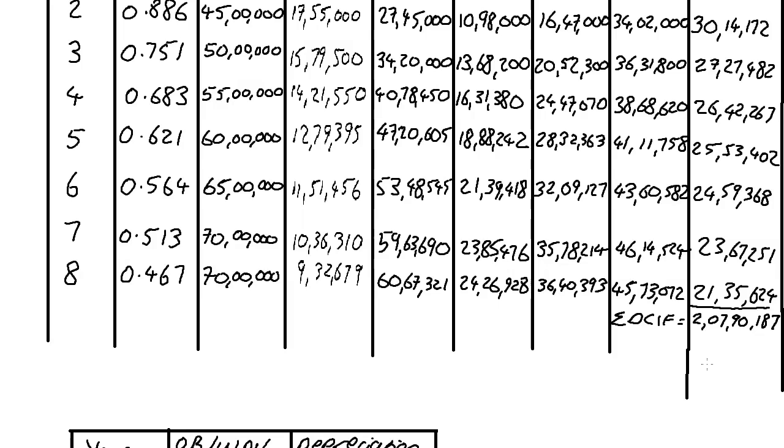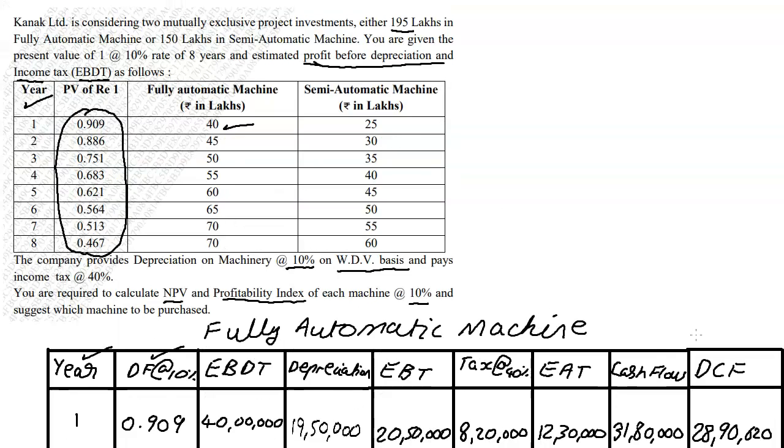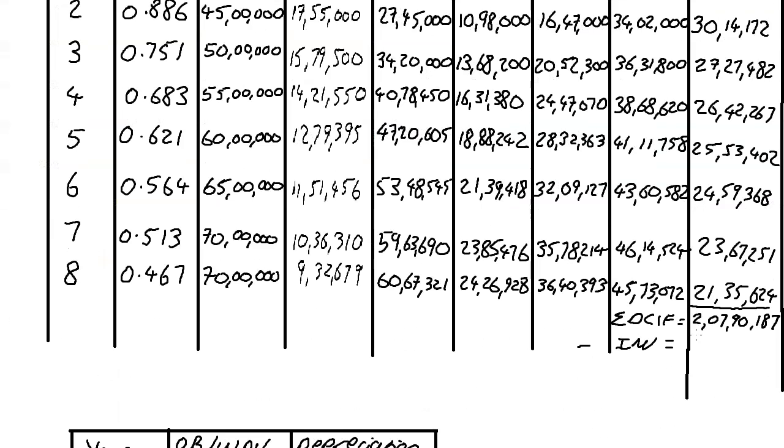Once you have this in place, we subtract the total discounted cash outflow, which in this question is only the investment, 1 crore 95 lakhs.